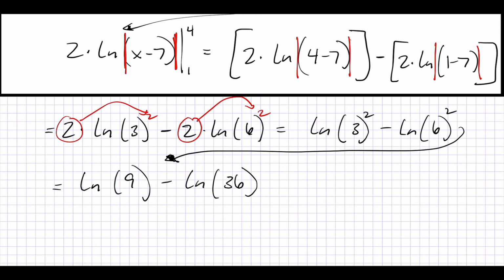Now the last thing, because I have 2 natural logs and I have to have a single one, is to combine them. The log rule tells us that we can combine them using division. So that's going to look like this: the natural log of 9 divided by 36.